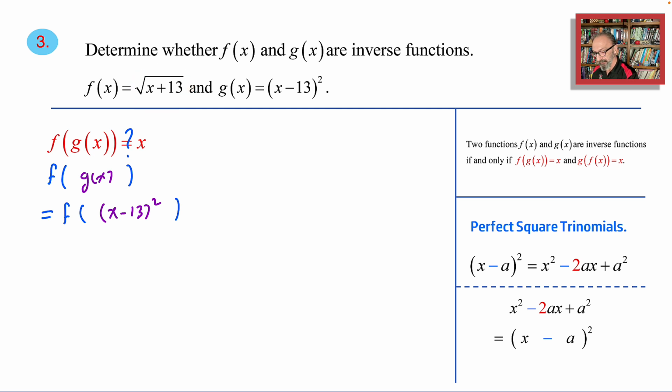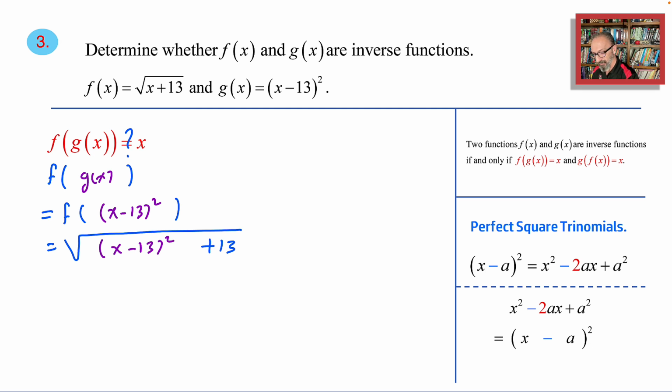So we need to follow the rule and add 13, applying the function f, and once we're done, we're gonna take the square root. That's applying the function f. So what's given to me is x minus 13 to the second.